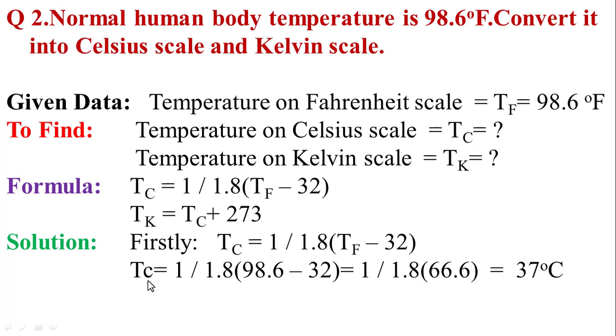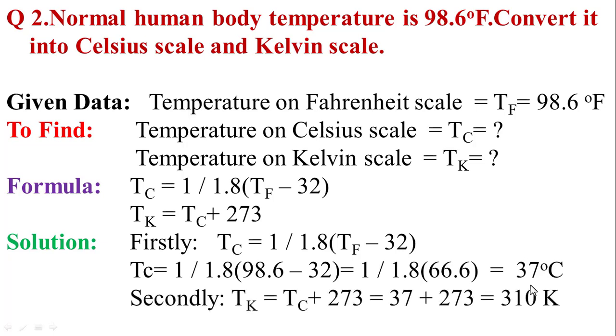First of all, 98.6 minus 32 is equal to 66.6. Now, 66.6 divided by 1.8 is equal to 37. So, the temperature in Celsius scale is 37 Celsius.